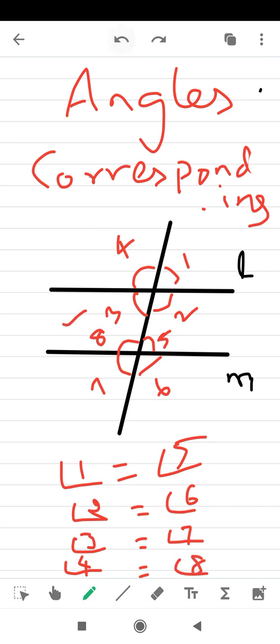These are all called corresponding angles. So you can see 4 pairs of corresponding angles can be formed.